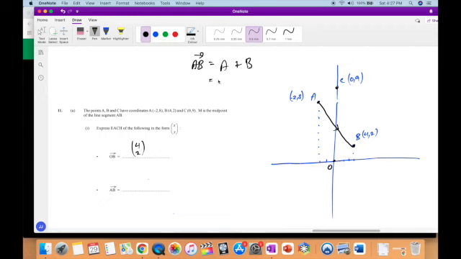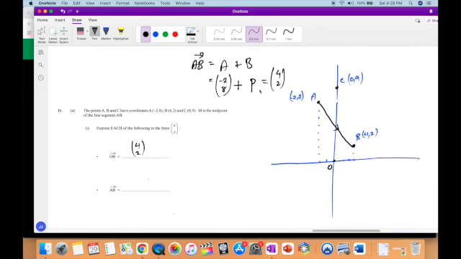So what you're saying is A plus B, and you have to be careful about these kinds of things. I could understand why you say this, right? But no, the point A is negative 2, 8, and the point A needs to be added to some vector in order to be translated to the point B. You understand what I do there?